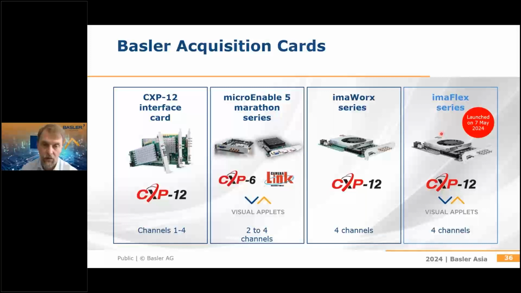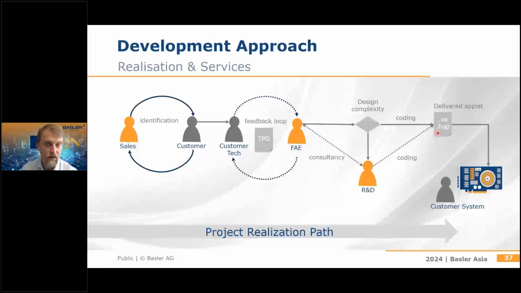Then we put all our experience into this in order to get a very good approach on enabling what you're asking for. Then we can do the coding for you. And at the end, we deliver the applet already explained for your frame grabber. So you can just order a frame grabber and the customization you require, and we can do so.